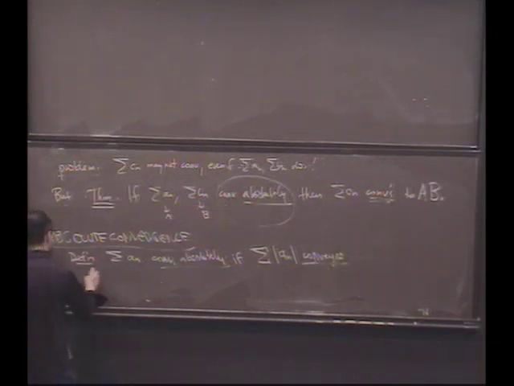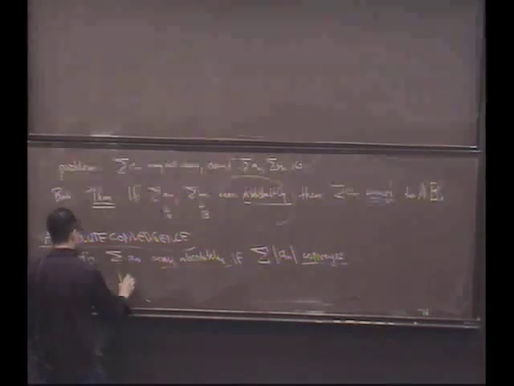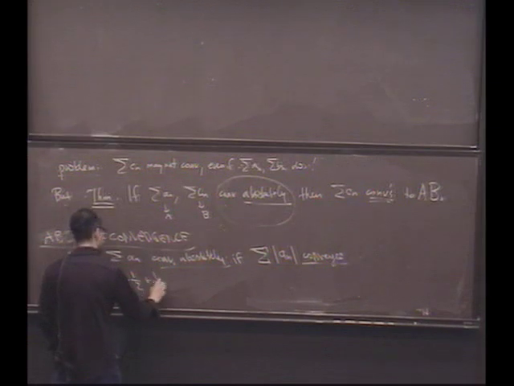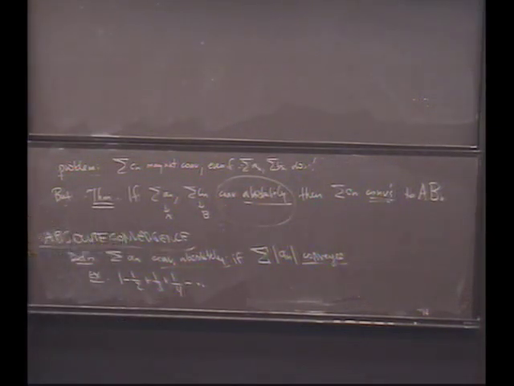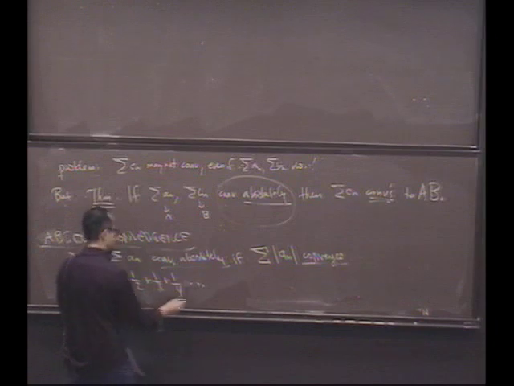So an example would be an alternating sum of reciprocals. Does this converge absolutely? By the way, does this converge? Yes, it's an alternating sum of terms that are decreasing and go to 0.